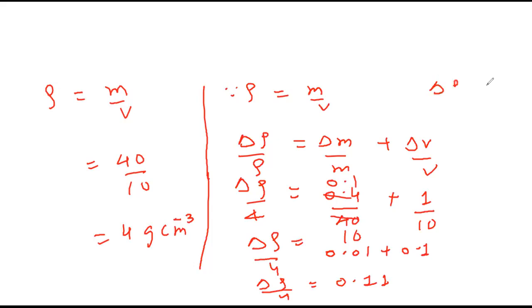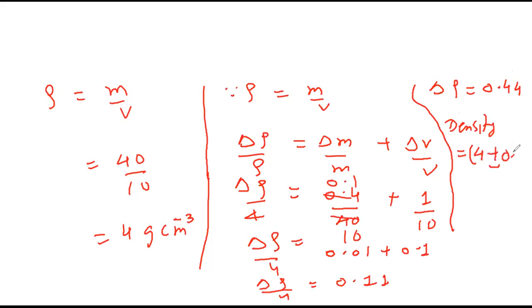So delta rho is 0.44. So density with error limit equals 4 plus or minus 0.44 gram centimeter raised to minus 3. I think everybody is following.